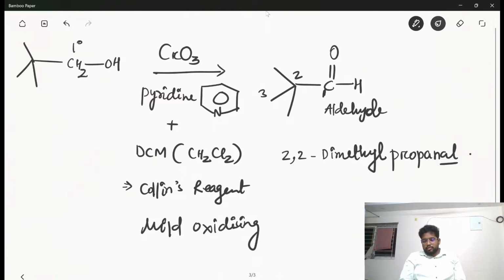Now, let us proceed to the next slide and discuss another similar mild oxidizing agent. Do you remember any other mild oxidizing agent? Then I will tell you about some specific oxidizing agents of this chapter and we go forward to the upcoming reactions.